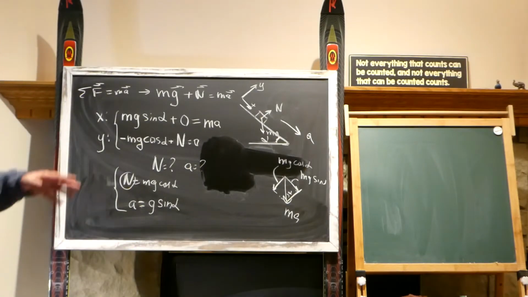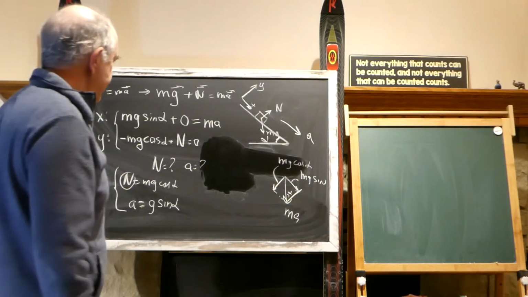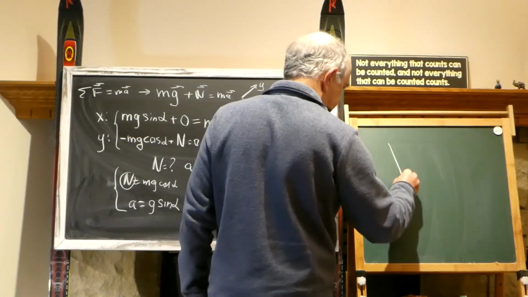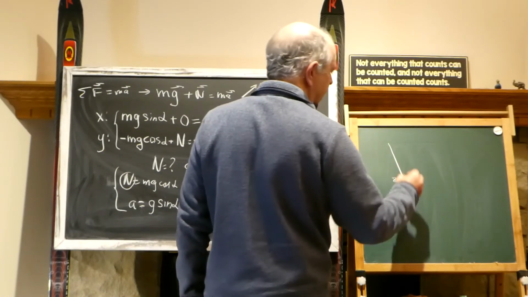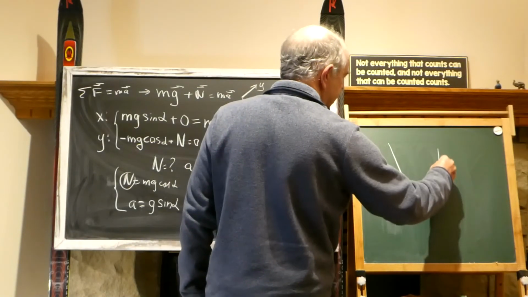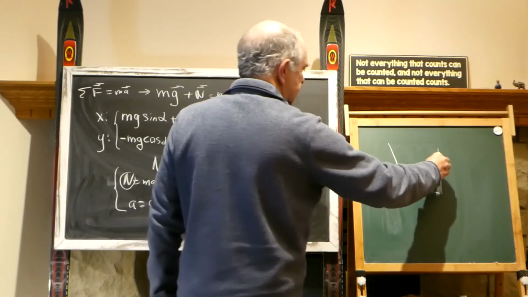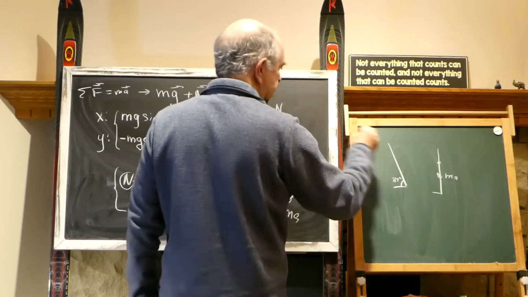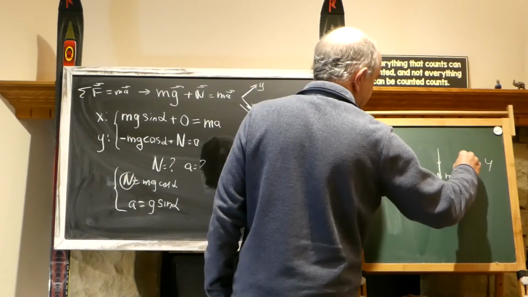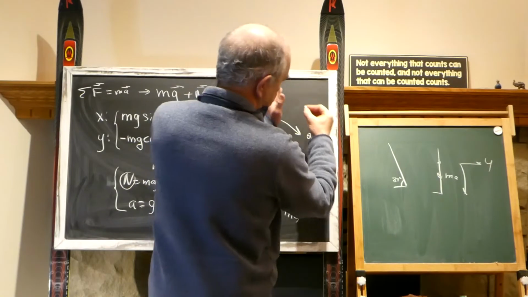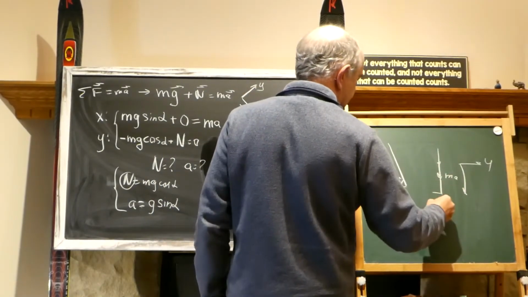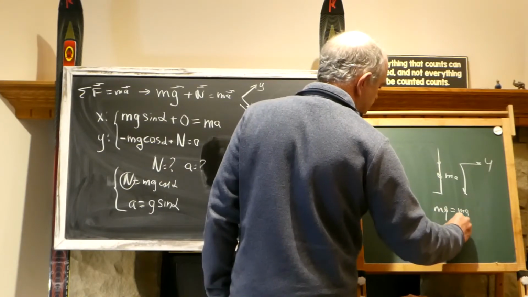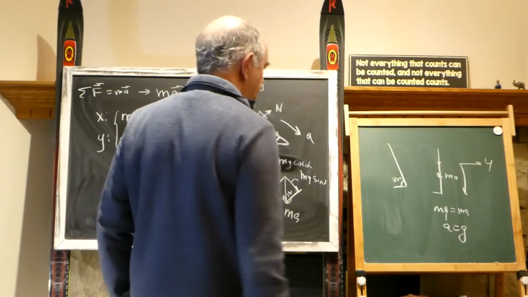And let's look at this and see if that makes any sense. Let's imagine that alpha is 90 degrees, like 89, right? Let's say it's 90. Then this would be this picture, and the body will be simply falling down with mg. Our coordinate system would be like this, y and x, because it will be turning, and we will have mg equal ma and a equal g, and this would be our extreme case.